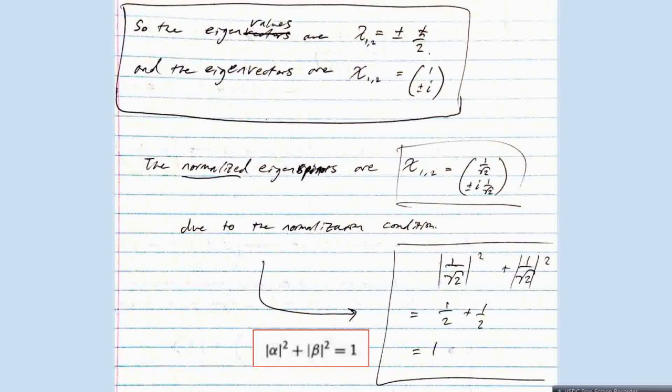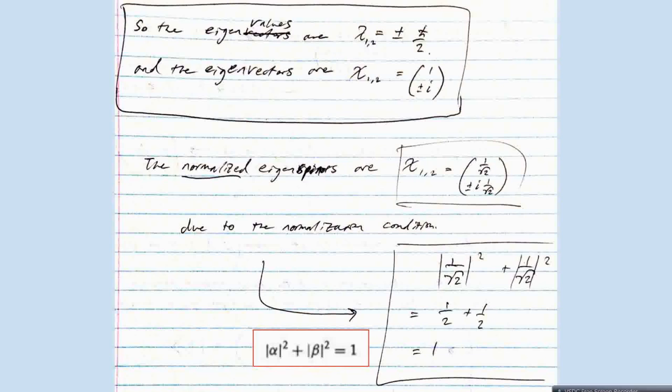So in summary, the eigenvalues are lambda 1,2 equal to plus or minus h bar over 2, and the corresponding eigenvectors, chi 1,2, are equal to (1, plus or minus i).